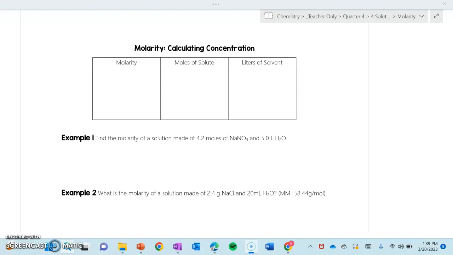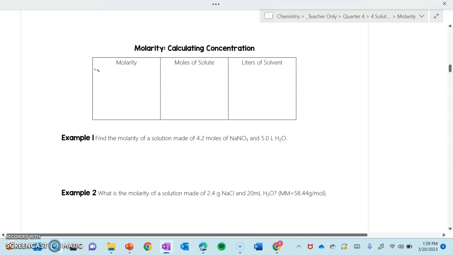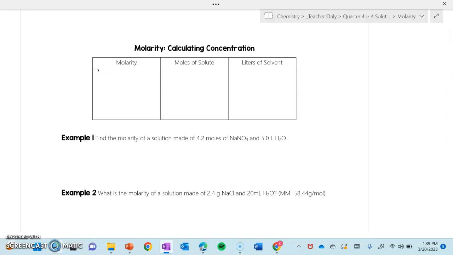So we're going to use this ratio of amount of stuff dissolved to the actual dissolving liquid to figure out a measurement called molarity, and molarity is our calculation of concentration. So molarity, we want to write that here. This is our measurement of concentration so that we can actually quantify the amount of solute in solvent.